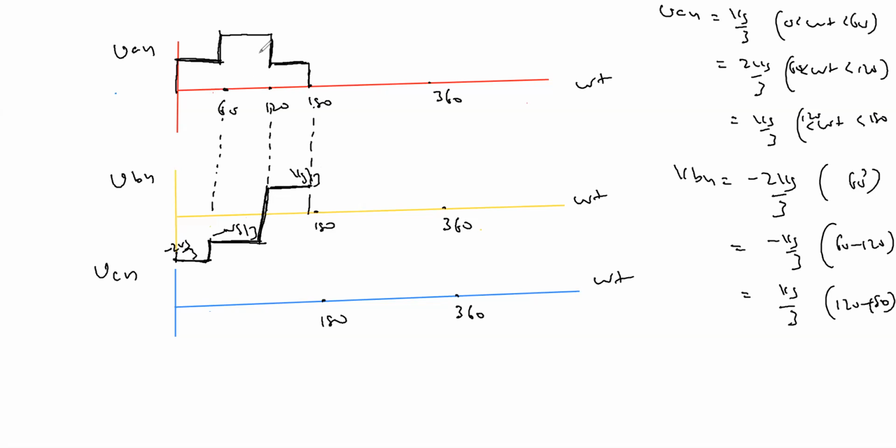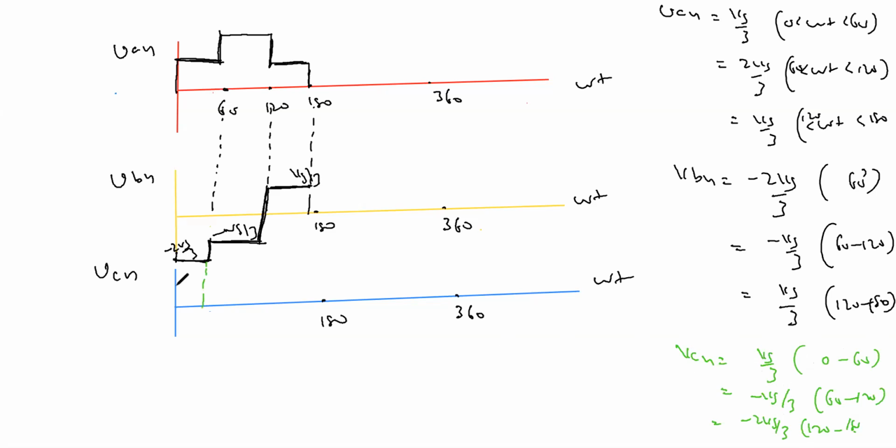Next one. VCN. We have seen Vs by 3. Please validate this. 0 to 60. And C is minus Vs by 3. We have just now calculated this. And then minus 2Vs by 3. 120 to 180. You please calculate this one.